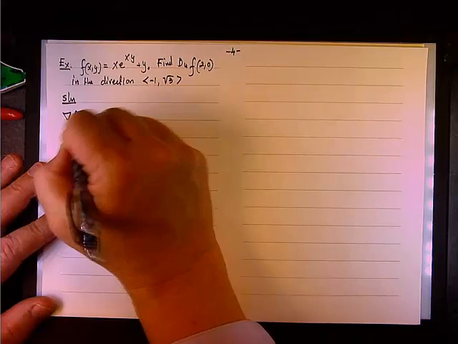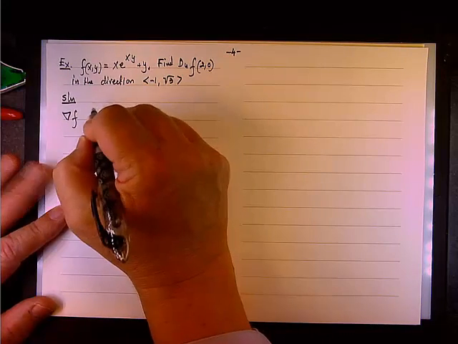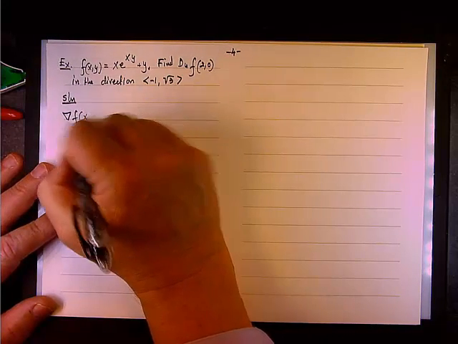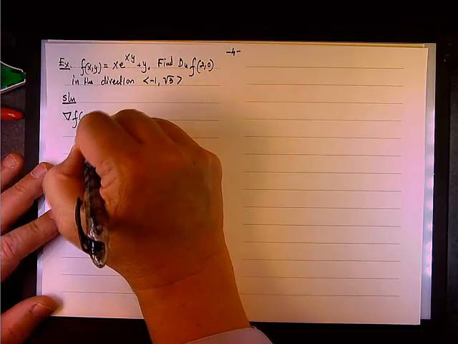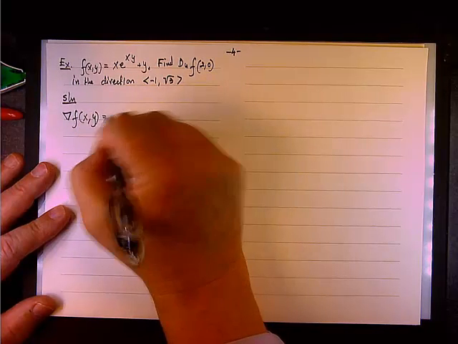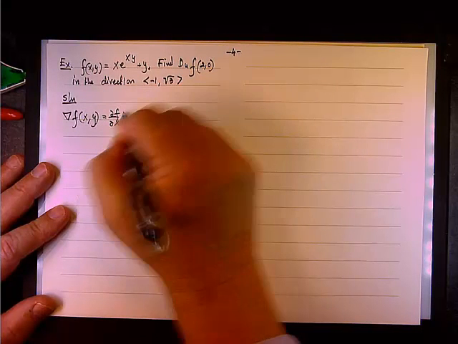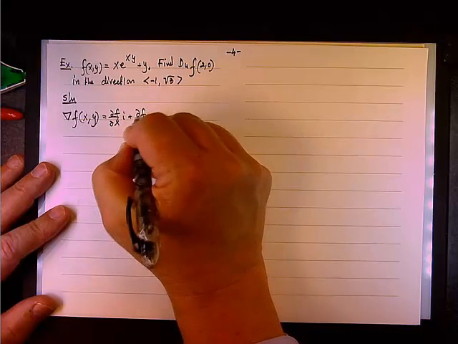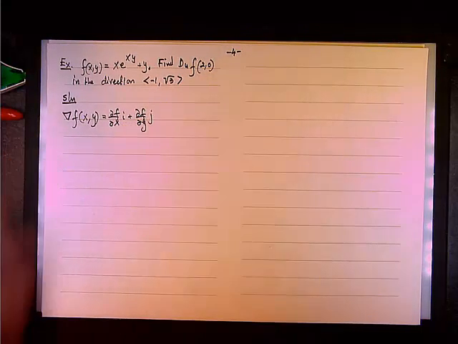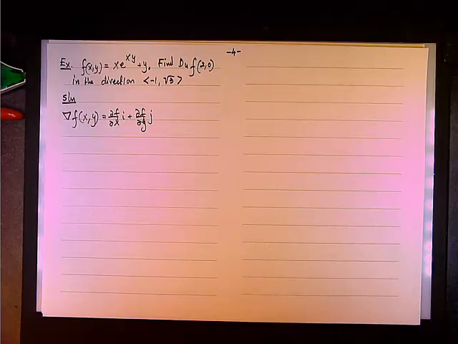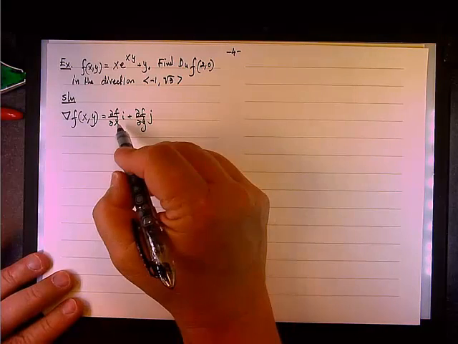In the first order is to find the gradient vector. Okay. So in general, we're going to say that the grad of f of x, y will be del f del x in the i direction plus del f del y in the j direction.